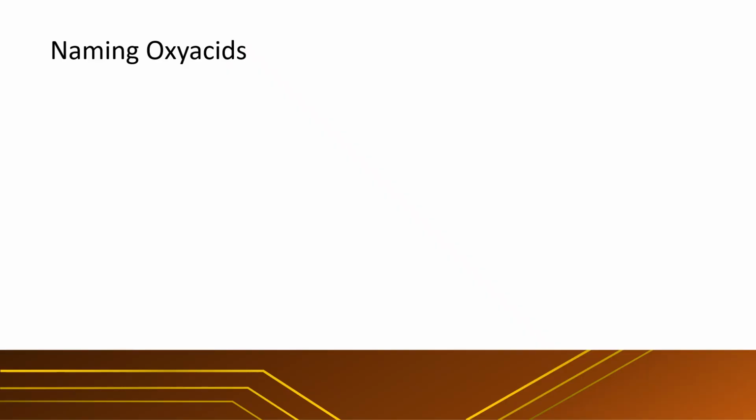Now, there are slightly different rules if you do have oxygen. They're called oxyacids because they start with hydrogen and they also have oxygen. These ones do not use the prefix hydro.